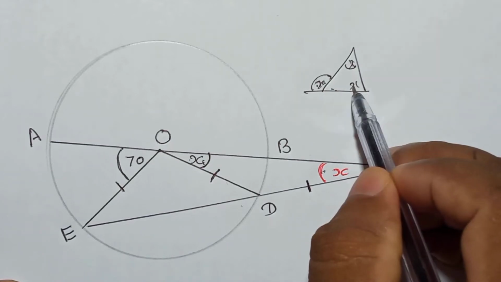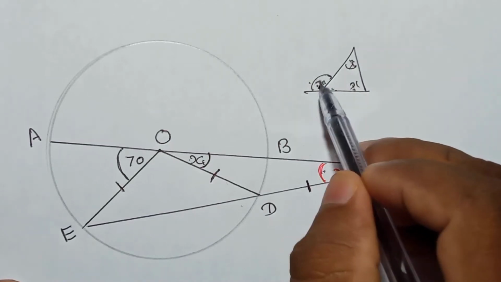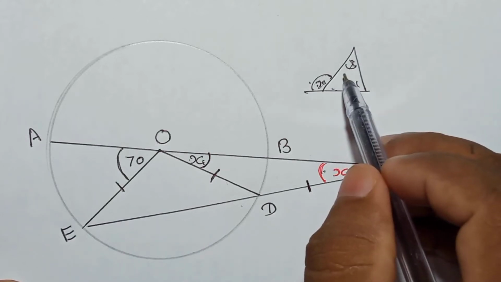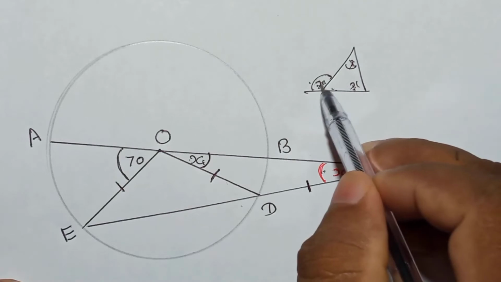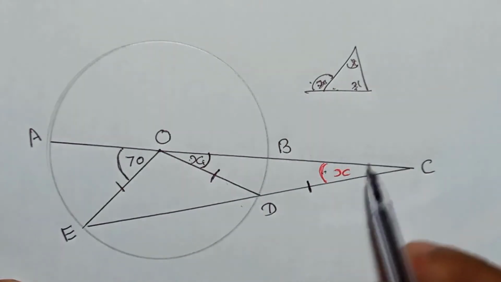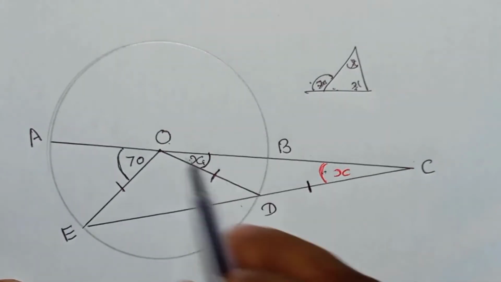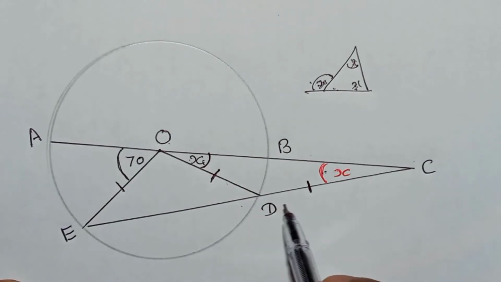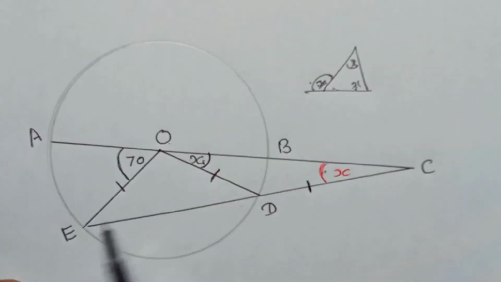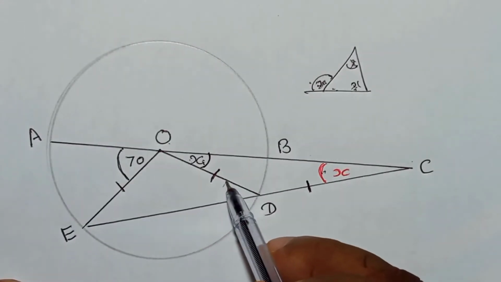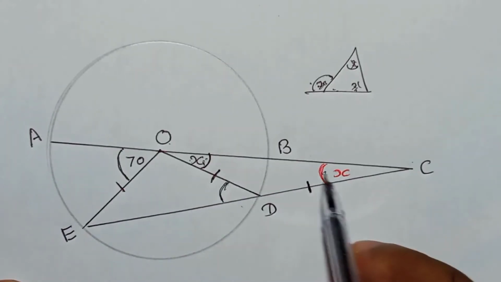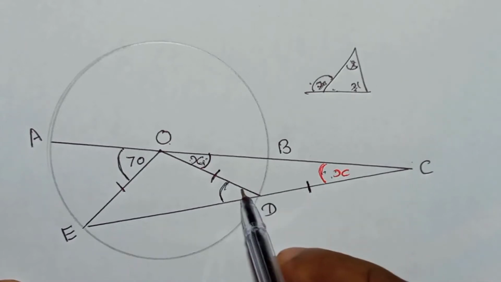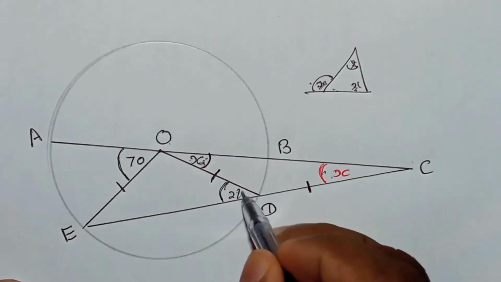That means these two must be equal to this one. Try to remember this theorem we learned earlier. In this ODC triangle, if you extend CD this way, this must be equal to the total of these two. So x plus x must equal this. That means here is 2x, right?